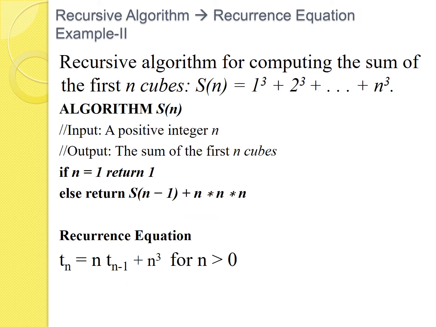The recurrence equation for the algorithm computing the sum of the cubes as 1 cube plus 2 cube up to n cube is given as t_n equals n multiplied by t_(n-1) plus n cube for n greater than 0.